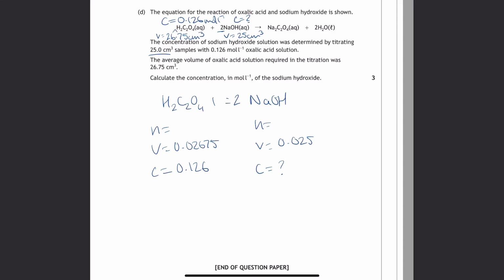So we can work out the moles of oxalic acid. So n equals CV. So 0.126 times 0.02675.